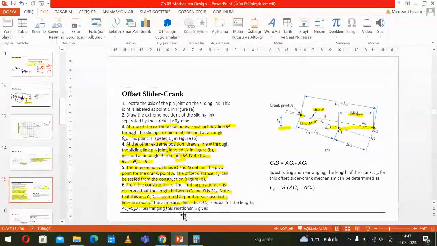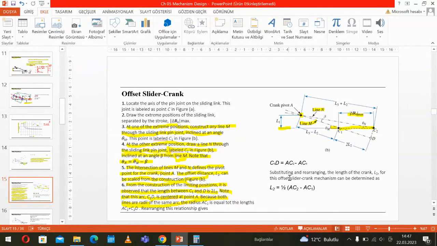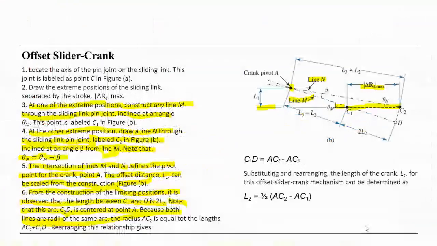Rearranging this relationship and substituting gives these equations here, and then substituting and arranging, the length of the crank L2 for this offset slider crank mechanism can be determined as L2 equals one half of AC2 minus AC1.